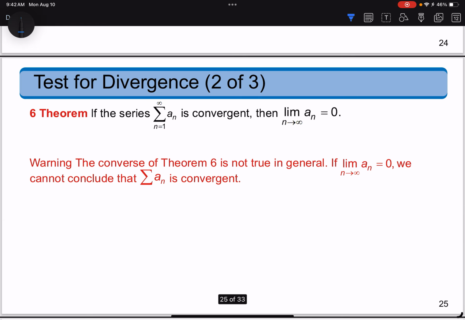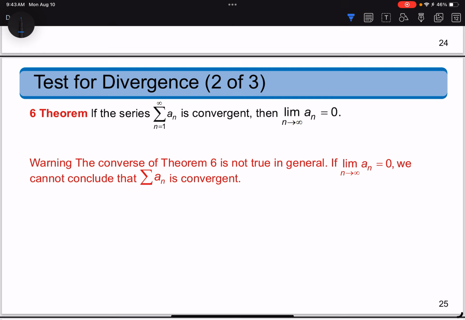So for the test for divergence, if the series summation of a sub n is convergent, then the limit of a sub n as n approaches infinity is 0.